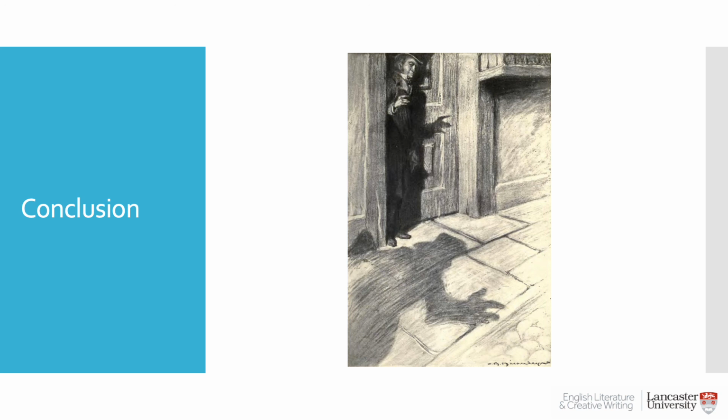In this illustration by Charles Raymond Macaulay for the 1904 New York edition of the book, we see a sinister-looking Jekyll emerging from his house with the shadow of Hyde coming at him from another angle. You can see this isn't his shadow because his shadow is reflected on the door.